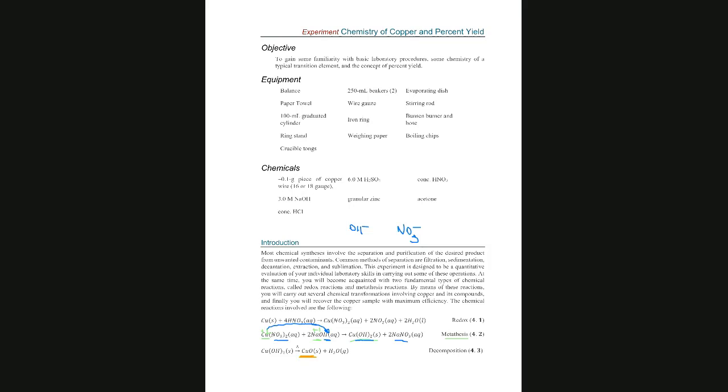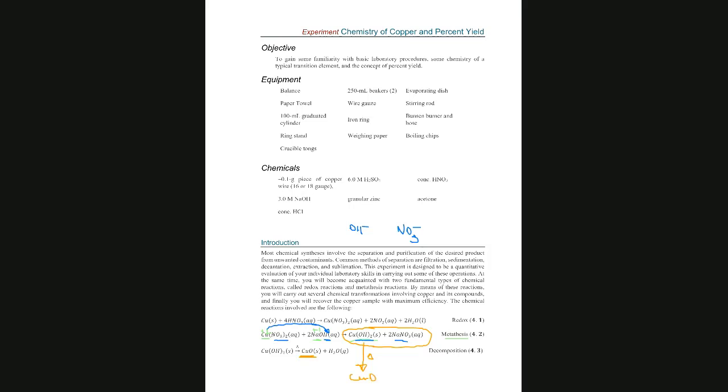And what else if we look at the previous reaction? We had two products, right? Copper hydroxide and sodium nitrate. And then what did we do? We took the whole beaker and we heat that in order to form the copper oxide.